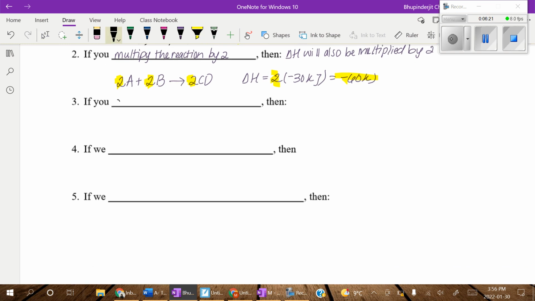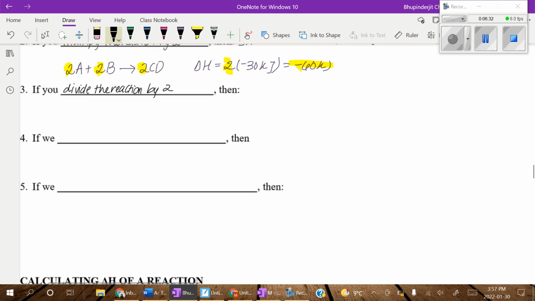Next one, if you divide the reaction, and I'm just going to pick 2 again, then delta H will also be divided by 2.